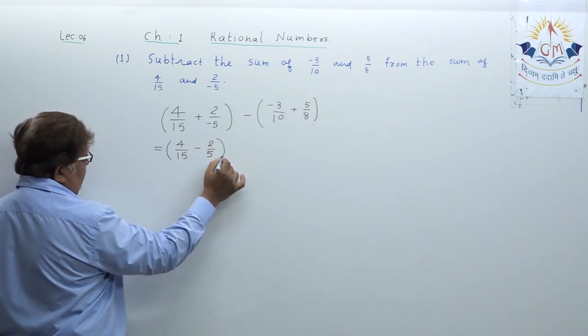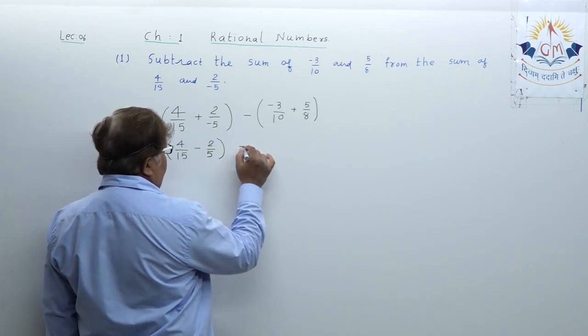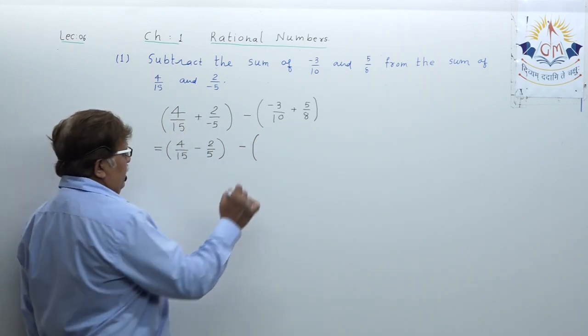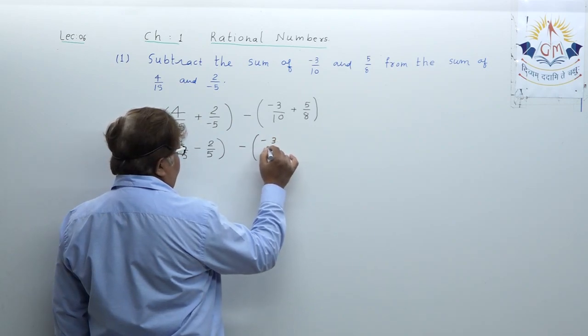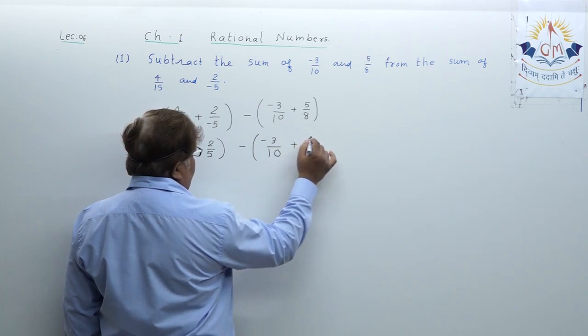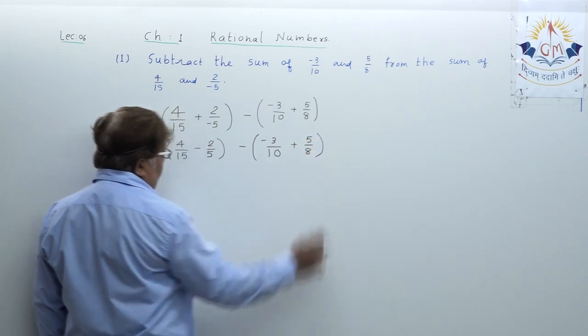Please note down, this is very important. I am keeping this as it is, and this is plus 5 upon 8.